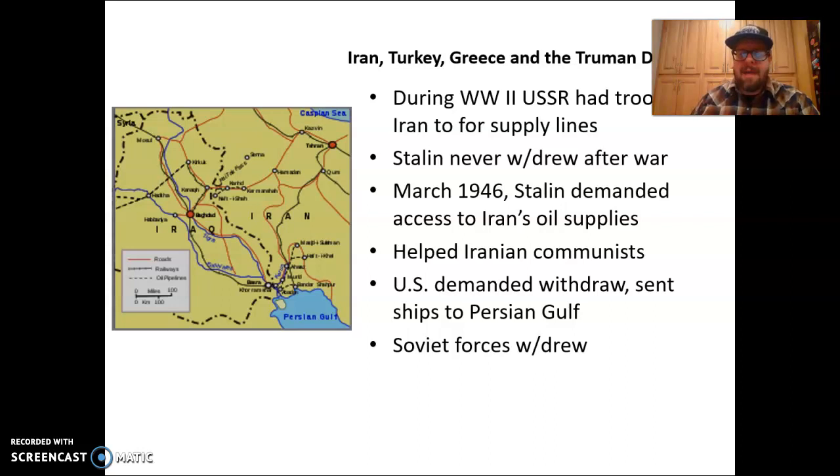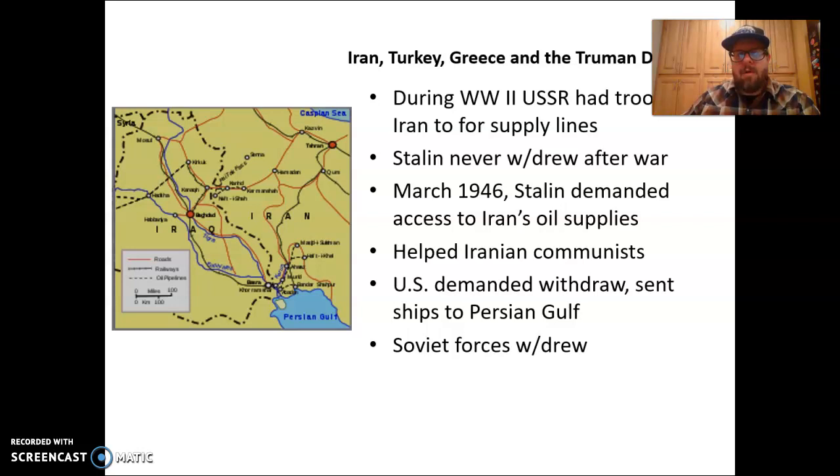So the United States demanded that the Soviet Union withdraw from Iran and get their troops out of there. And so the United States sent their ships to the Persian Gulf, just south of Iran, as you can see in the picture here.